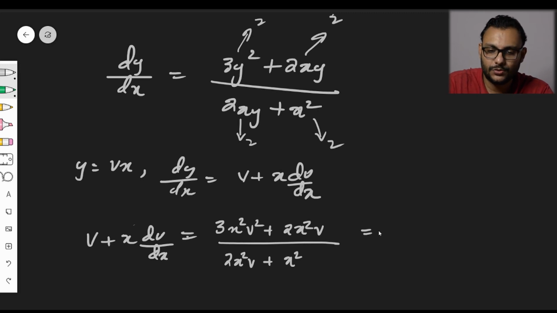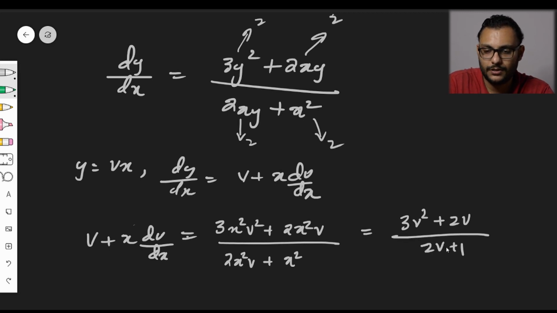Taking x square common and cancelling out, we get 3v square plus 2v divided by 2v plus 1.